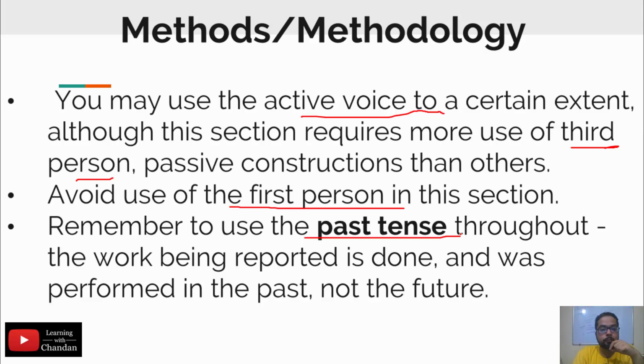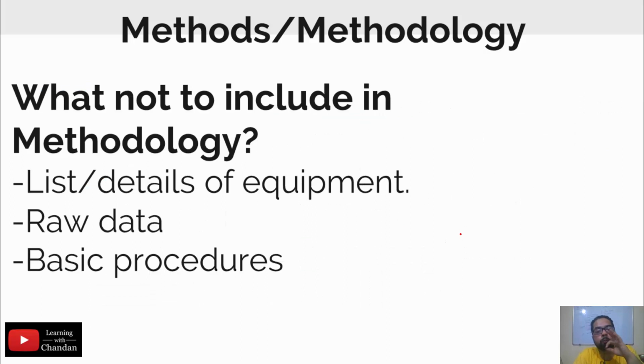So what not to include in methodology: a list of equipment. Don't go on to write everything that you used with their numbers or something like that, unless it is really important. We might be using some really good instruments while doing our work.